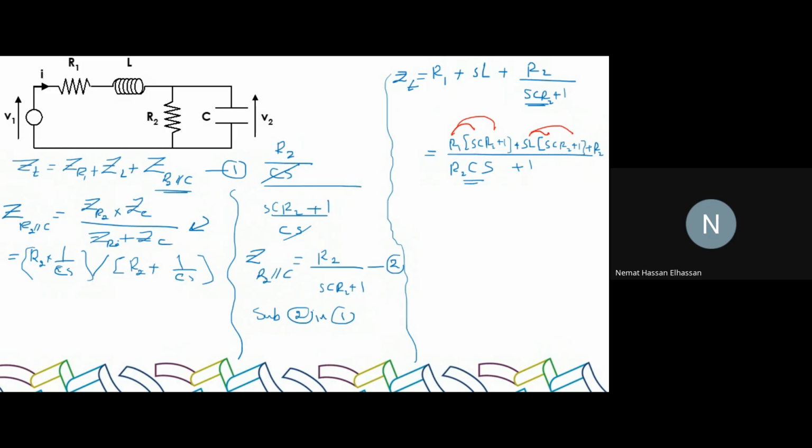We will have Z total equal to R1 multiplied by SCR2, which becomes SCR1R2, plus R1, plus SL times SCR2, which becomes S squared LCR2, plus SL, and then finally we have R2.